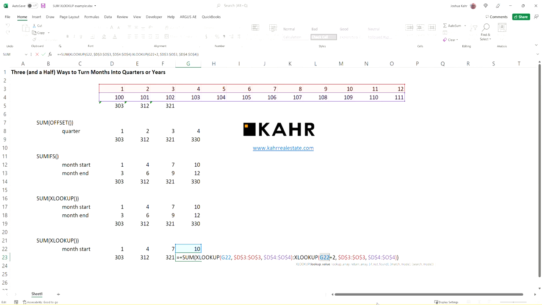Find the month in the red zone, find the month plus 2 in the red zone, and then add up all the purple values from point A to point B. Again, this is my preferred way of doing it, and I think this is a bit more elegant than the other options. But of course, beauty, as they say, is in the eye of the beholder.